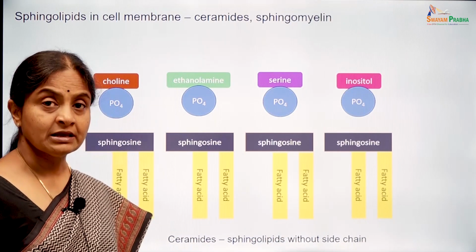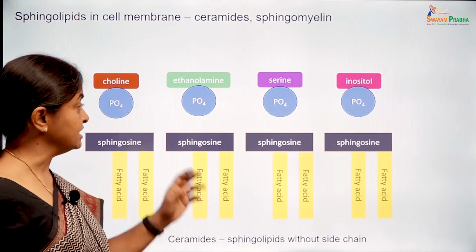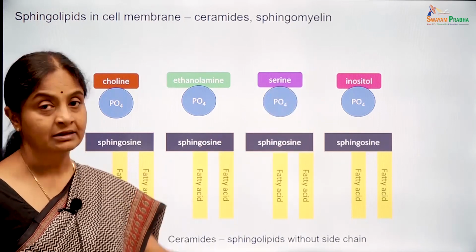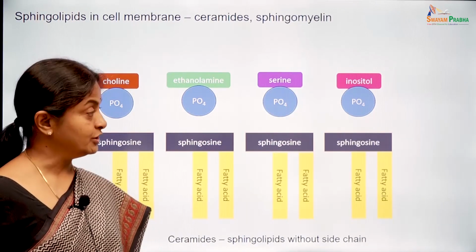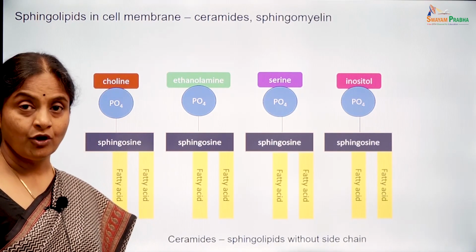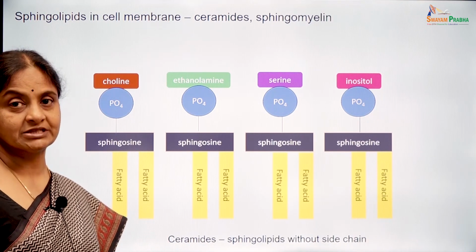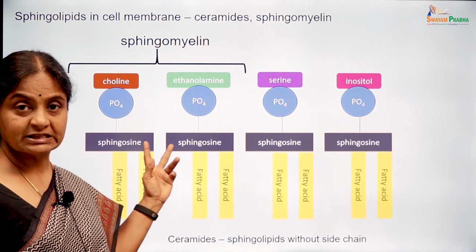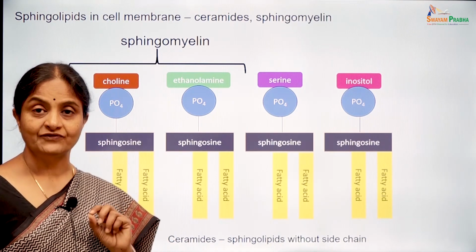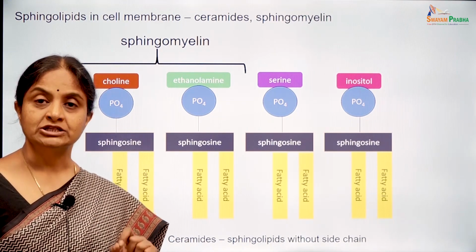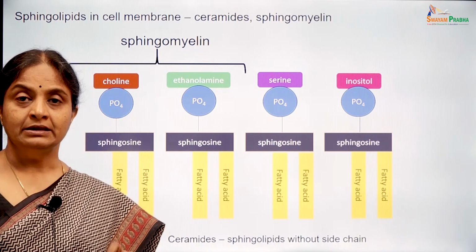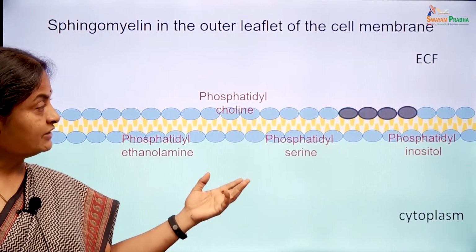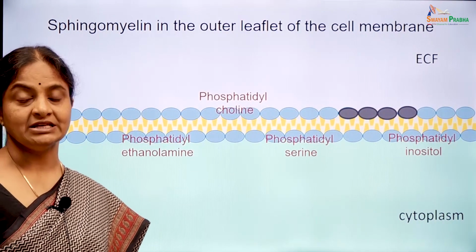The ceramides can also take on these phosphate side chains, phosphocholine, phosphoethanolamine, phosphoserine or phosphoinositol, and then they form sphingophospholipids. These two sphingophospholipids are specifically referred to as sphingomyelin, and sphingomyelin is found on the outer leaflet of the cell membrane as well.